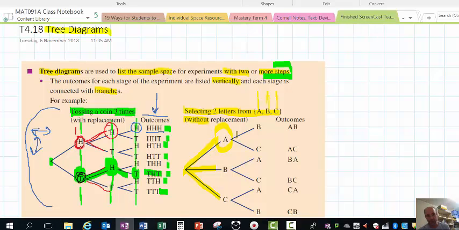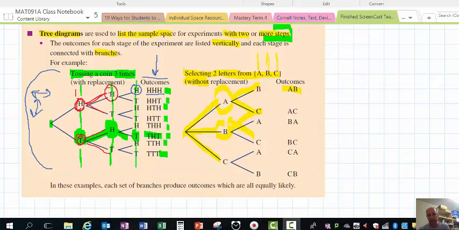On the second one we could choose a B or a C. Notice how there's no A because it's without replacement, so we would call that branch AB. Likewise, if you get a B on the first, you can only get an A or C on the second, and likewise for C. So that's how you do a tree diagram with replacement and without.